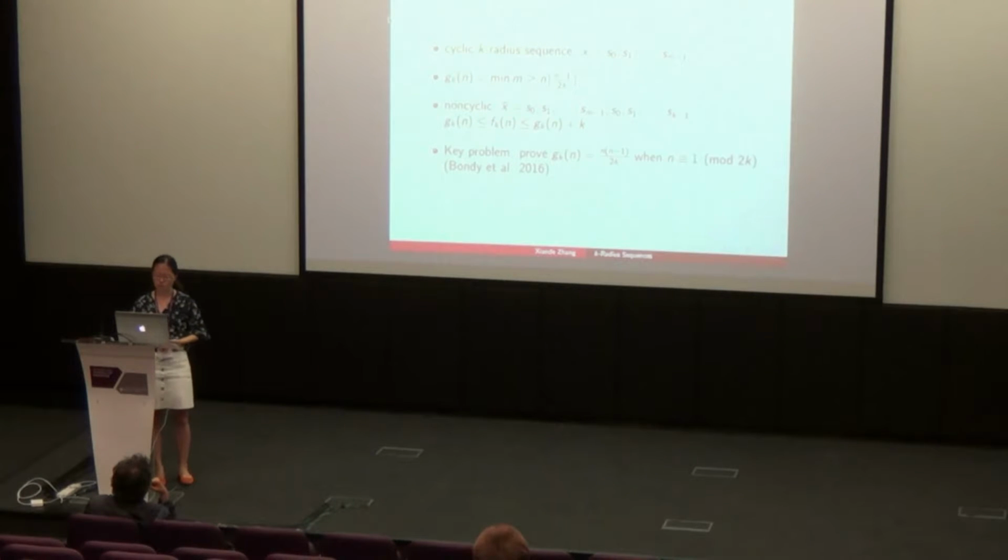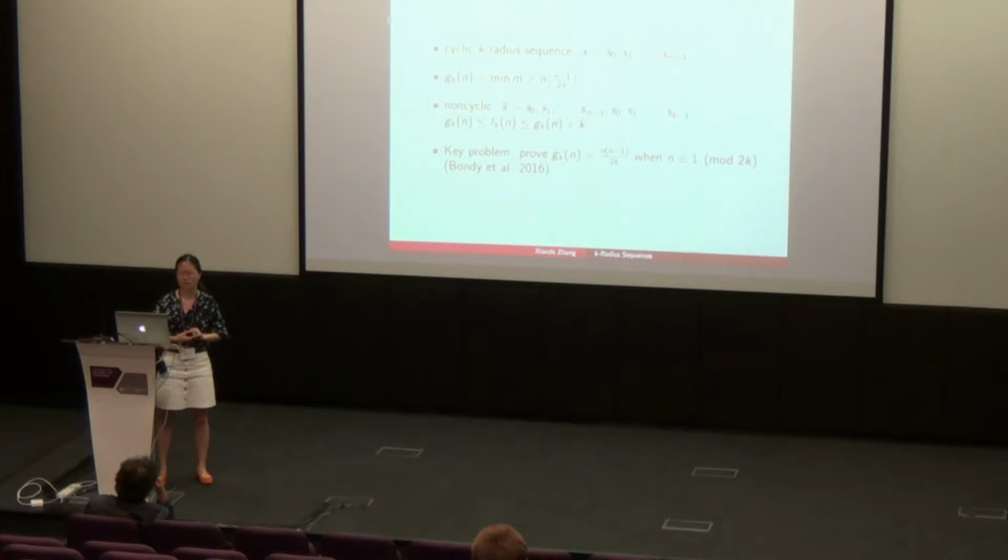So here comes the construction. Originally we define a linear sequence, but a linear sequence is not good to analyze. So we can construct a cyclic sequence first. It's like a cycle, then we cut it, and it becomes a line. The cycle also satisfies the k-radius property.